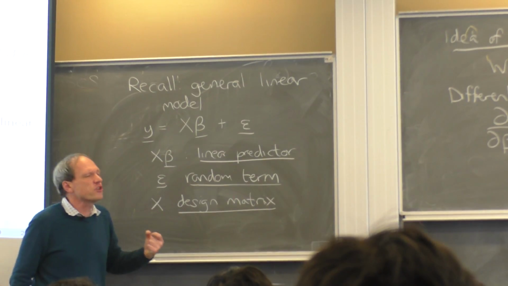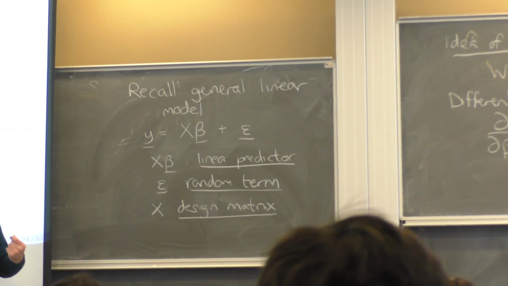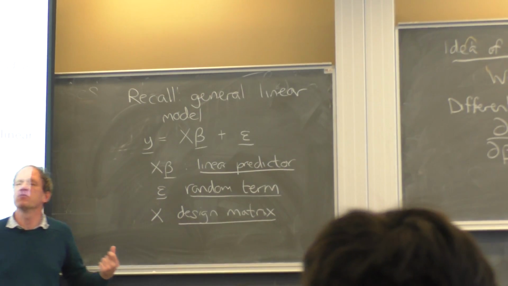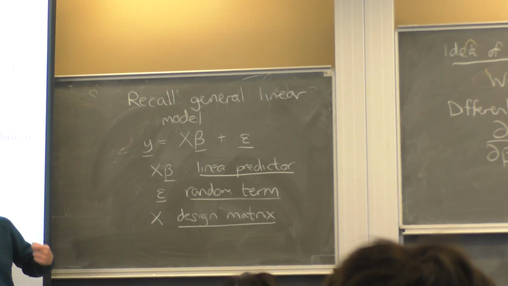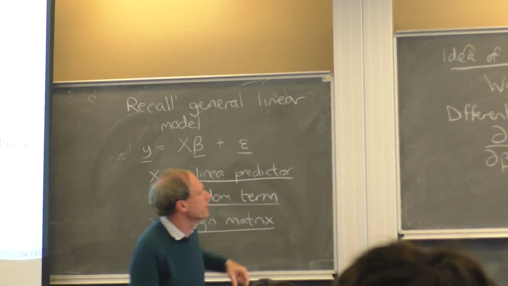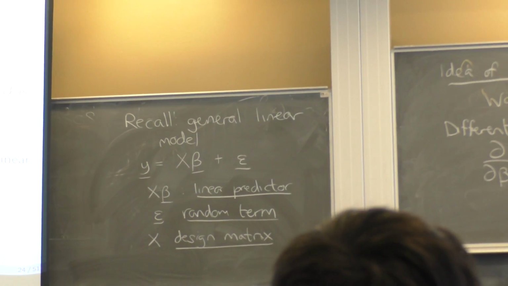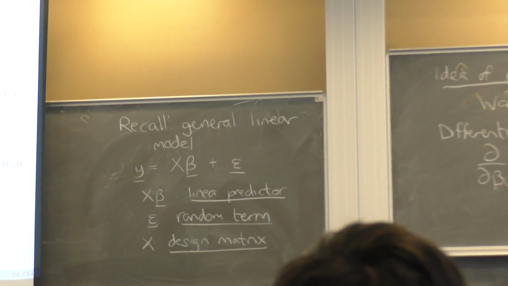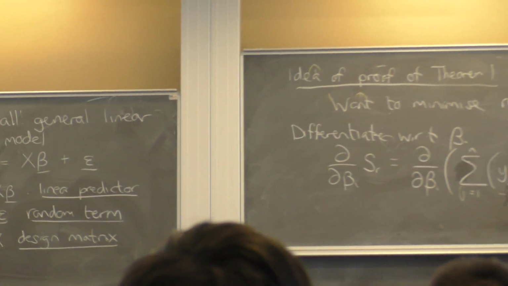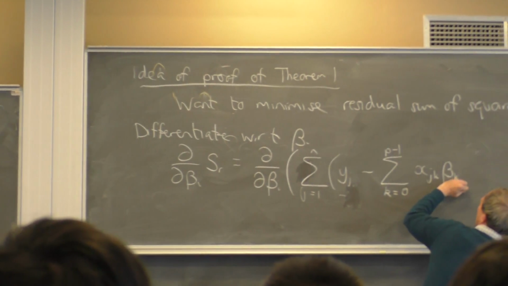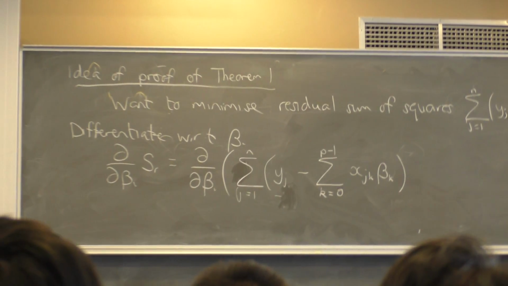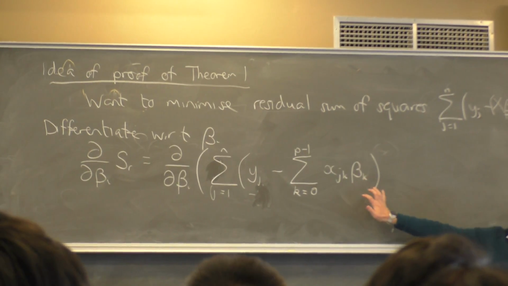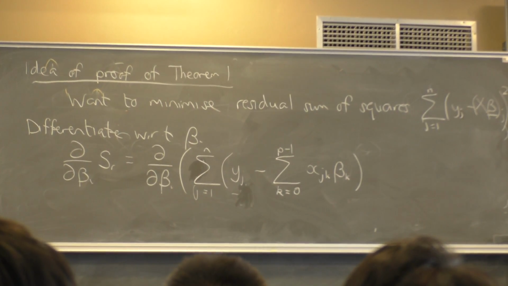Usually we write beta 0 for the term corresponding to the intercept, so that means we've got p columns in total, indexed from 0 to p minus 1. That's why the sum is from 0 to p minus 1. And what's in there is just x j k times beta k. Taking the sum of this gives us the jth element of our matrix product.